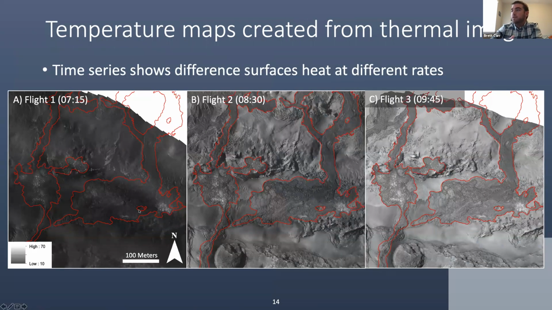this is why we flew 3 flights. We were able to create a time series of temperature maps of the area. We can see in the earliest flight that the surface is heated the least due to solar input at this point, because it's still early in the morning.